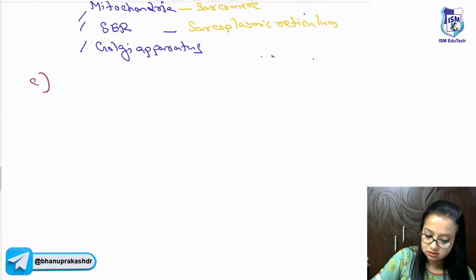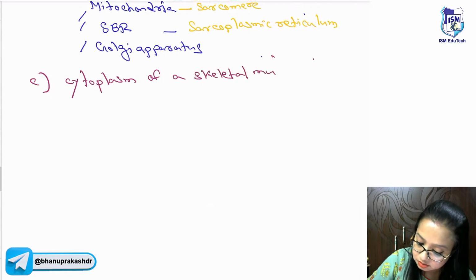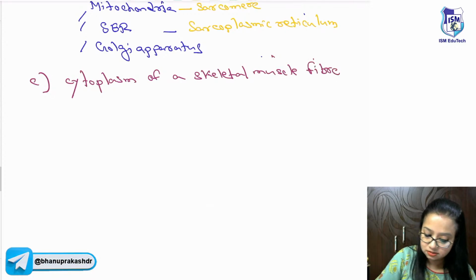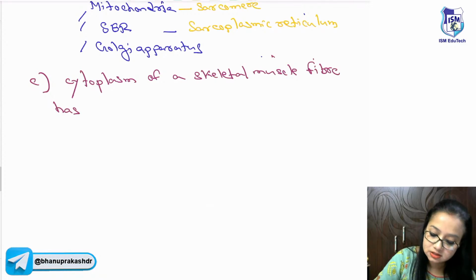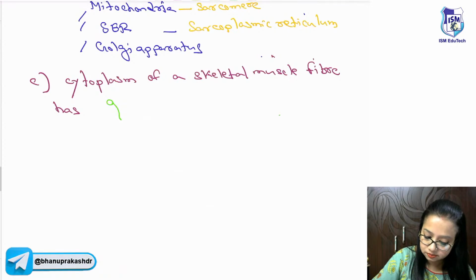Now, the cytoplasm of a skeletal muscle fiber has glycogen.